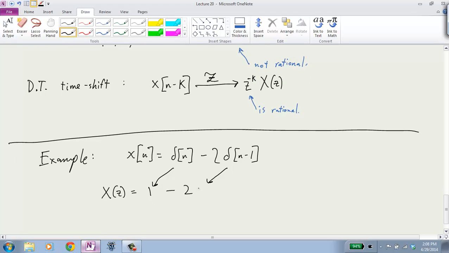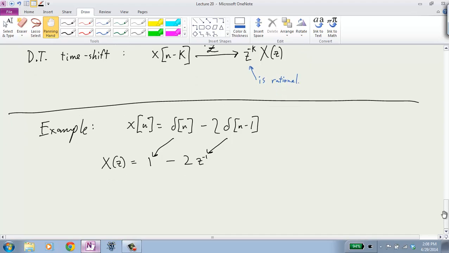Which way did you go, the time shift property or the sum? Time shift. Okay, so this was delayed by 1. So k is 1. So it's z to the negative 1 times x of z, which was 1. So there's a z transform.